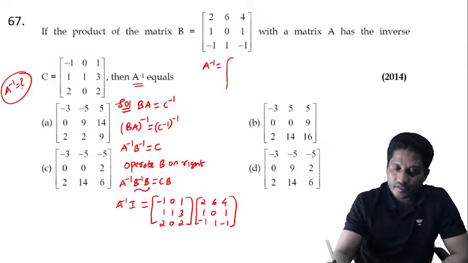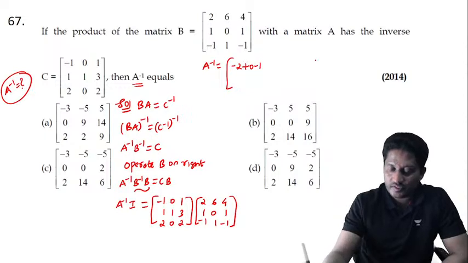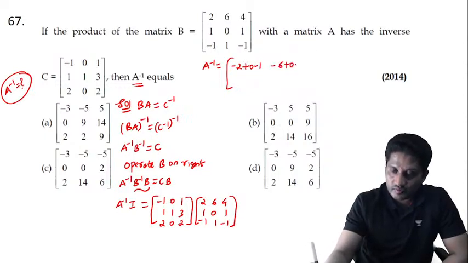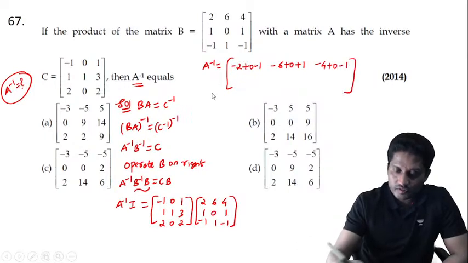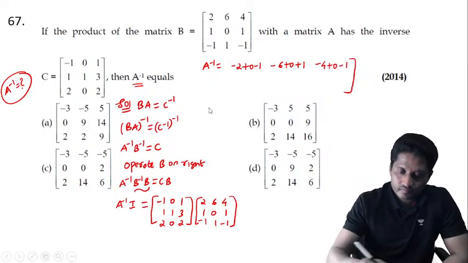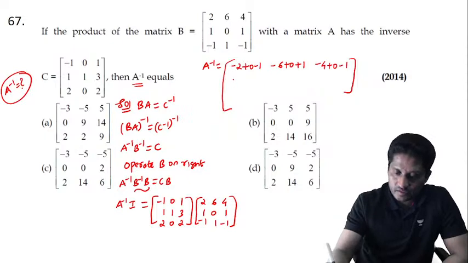Now if I multiply first row, first column, minus 2 plus 0 plus minus 1. First row, second column, minus 6 plus 0 plus 1. First row, third column, you get minus 4 plus 0 minus 1. Second row, first column, you will get 2 plus 1 minus 3.